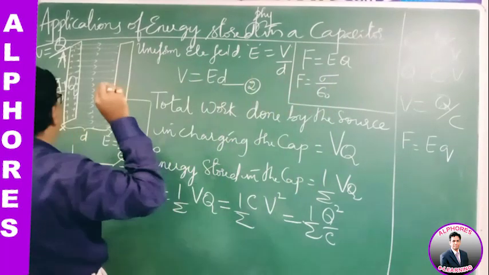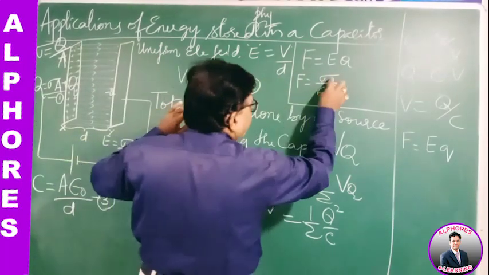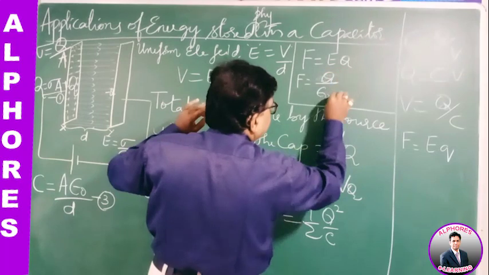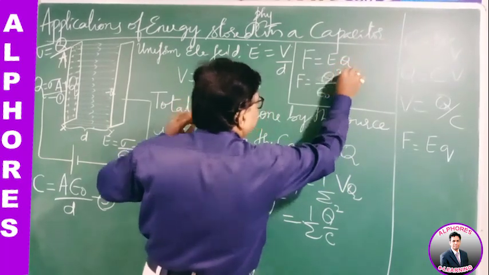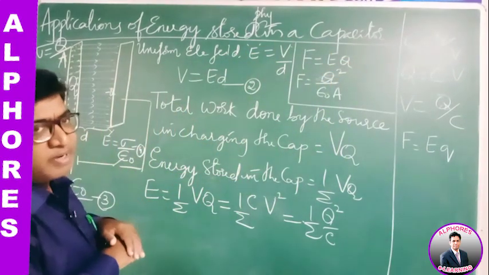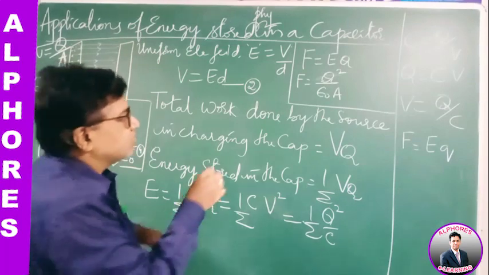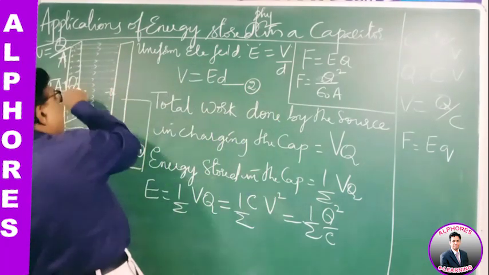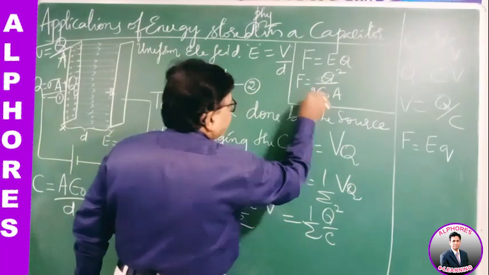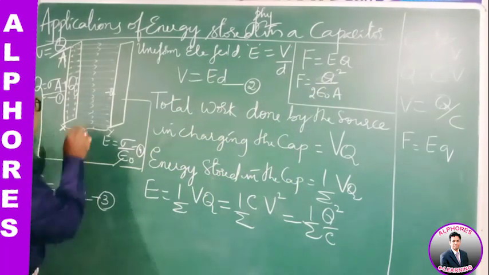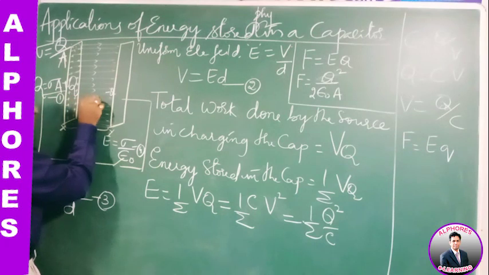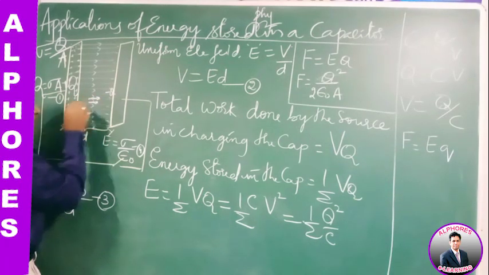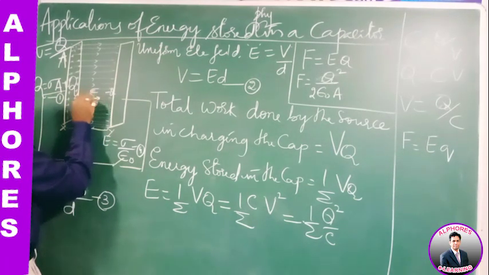But what is sigma? Q by A. The total electric field is sigma by epsilon naught, but the field produced by the positive plate is sigma by 2 epsilon naught.